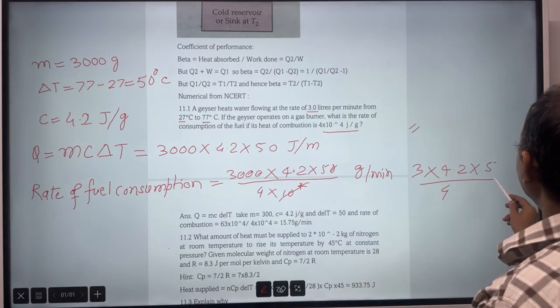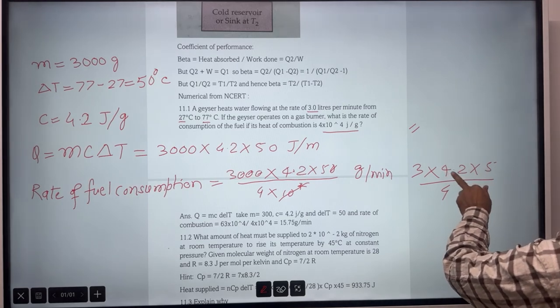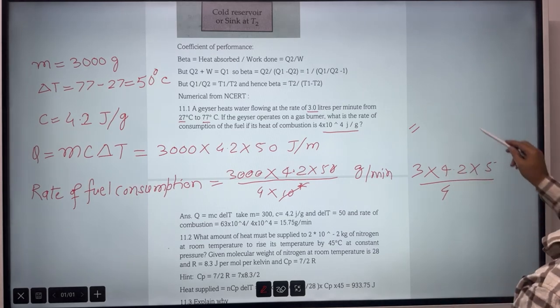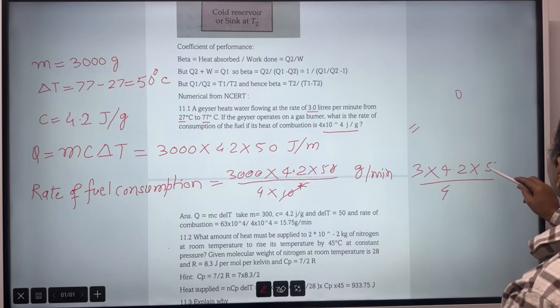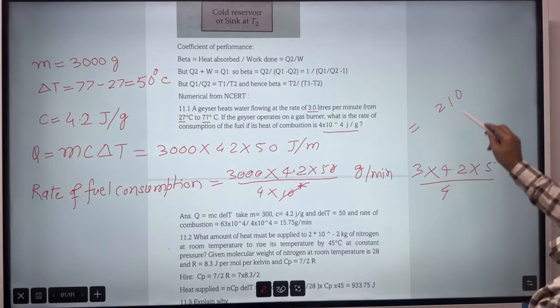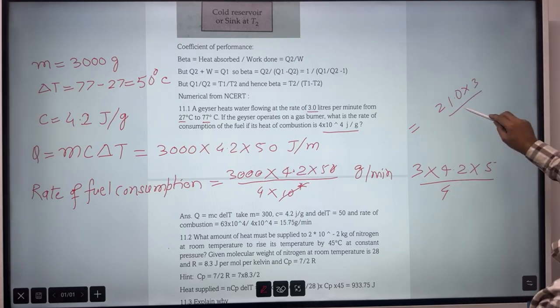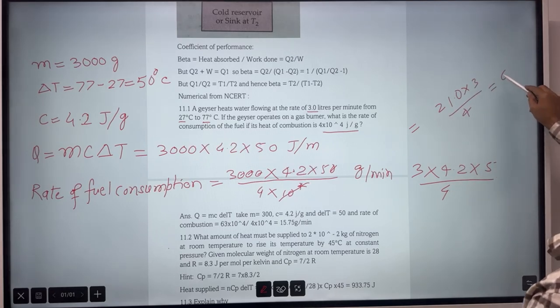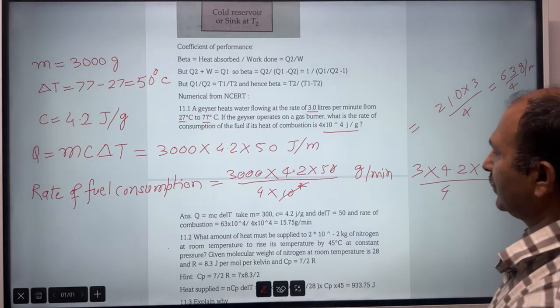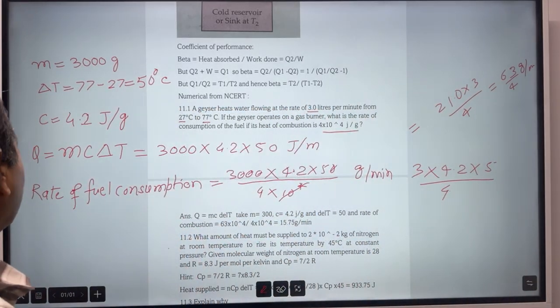So this will become how much? 4 5s are 20 and this 0 and this is 21, right? And 21 into 3 divided by denominator 4, then it will become 63 by 4, and then you can write gram per minute. So it will become 15.75 gram per minute.